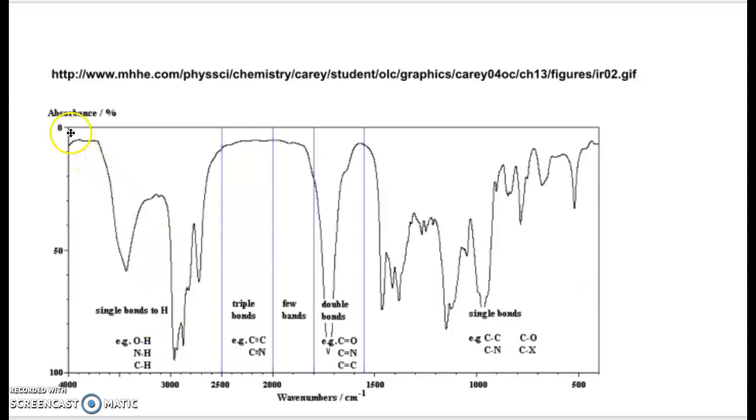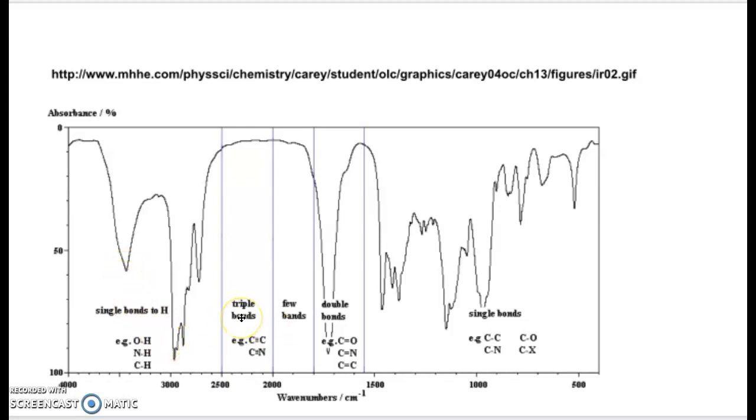And so what they did when they first started running IR spectra is that this is 0, the top line, and then all of the peaks are negative. We still call them peaks, even though they're valleys. That's how we refer to them.